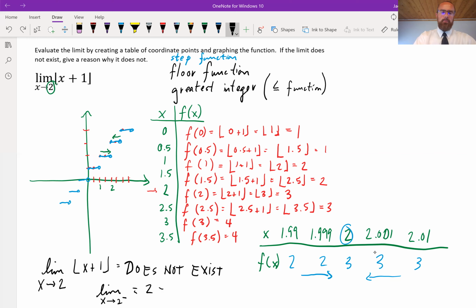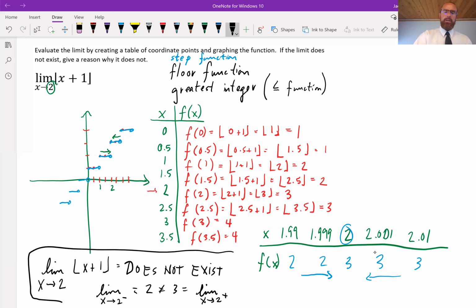Does not equal 3, which is the limit as x approaches 2 from the right. So again, that superscript of negative, superscript positive just means it's coming from the left, coming from the right. If those don't equal each other, we got to make the claim that that limit does not exist.